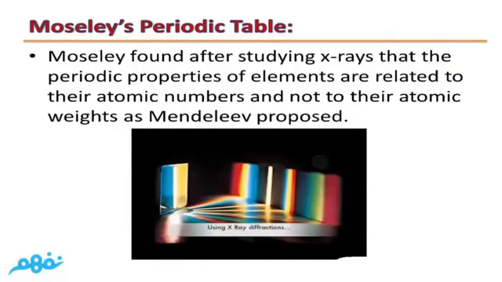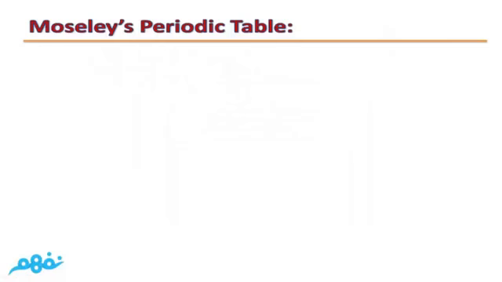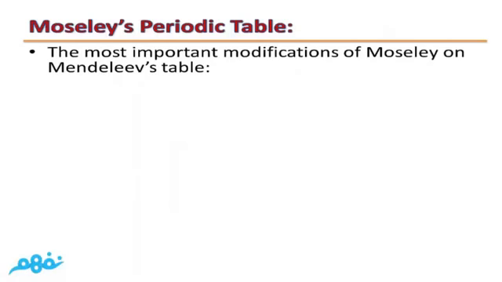This useful information was discovered by Rutherford, and after studying X-rays, Moseley found that the periodic properties of elements are related to their atomic numbers, not to their atomic weights, as Mendeleev thought. The most important modifications of Moseley on Mendeleev's table.